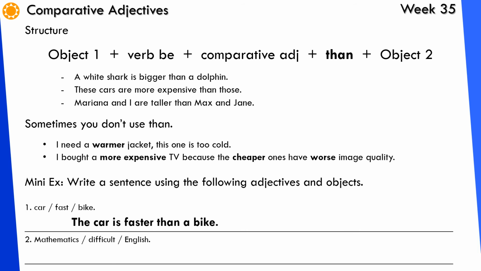We are following the structure that we have above. Number 2. Mathematics is more difficult than English. Again, we are using the same structure, but the difference is that in the number 1 we have a short adjective, and in the number 2 the adjective is long. That's why they look different.